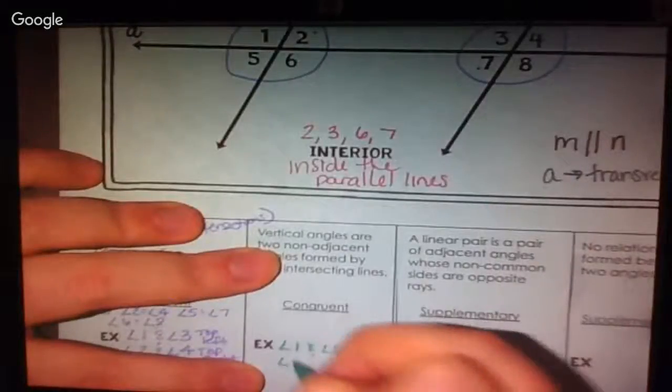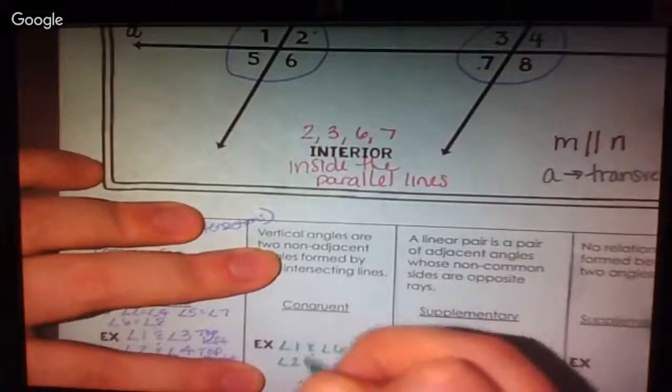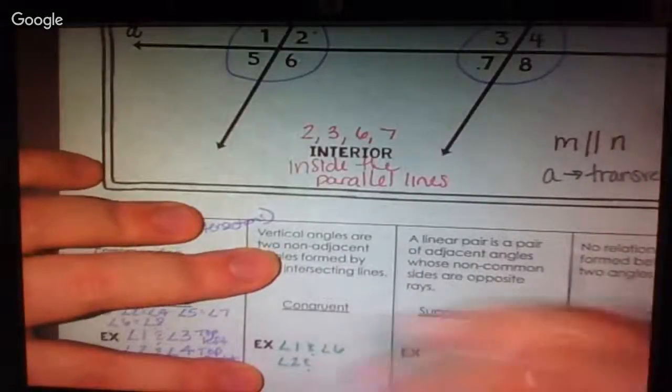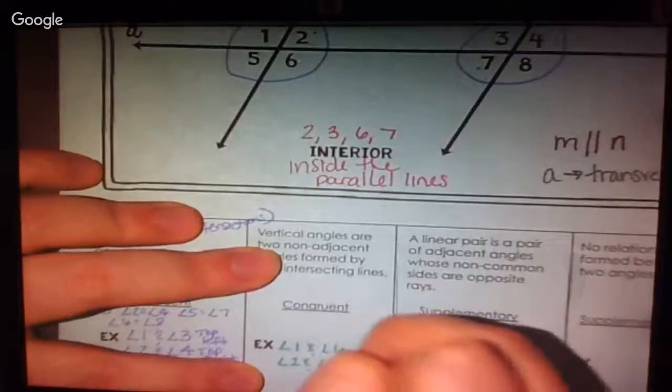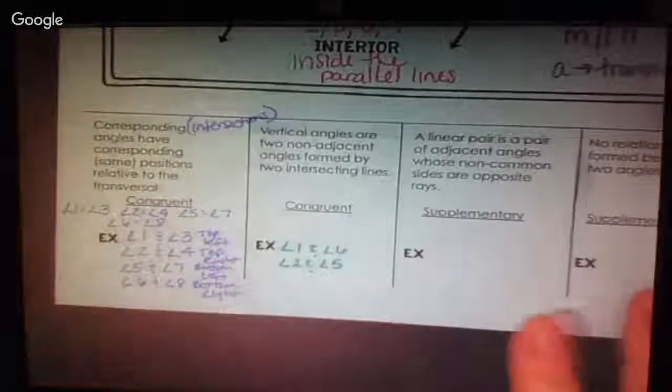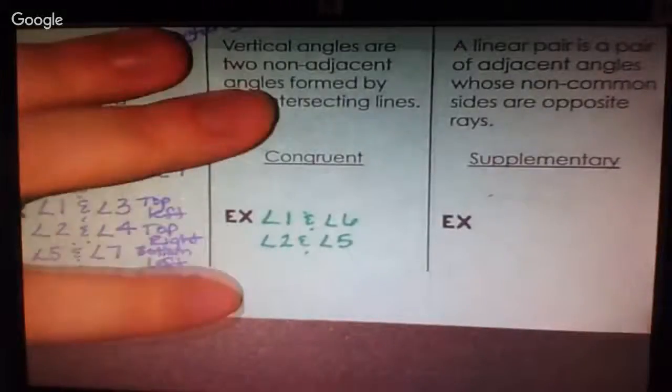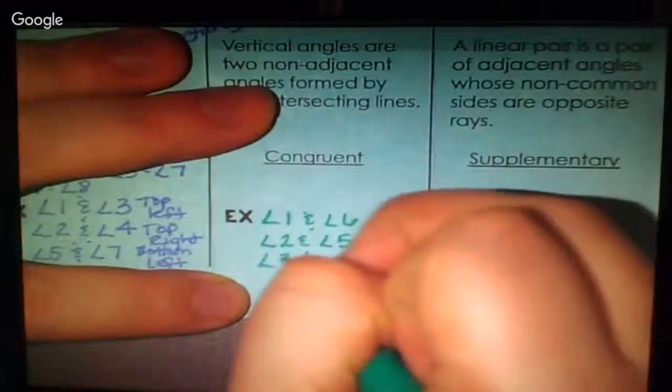If I give you angle 2, 2 and 5. Okay, 1 and 6, 2 and 5, 3 and 8, and 7 and 4.